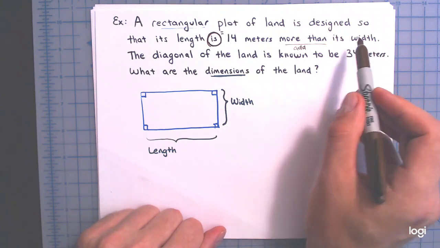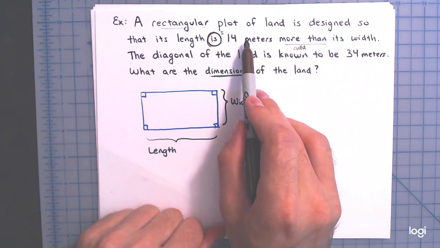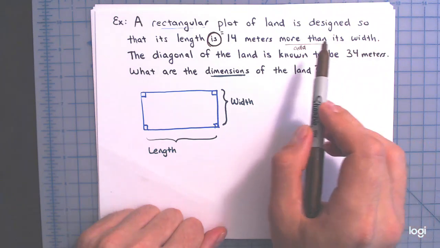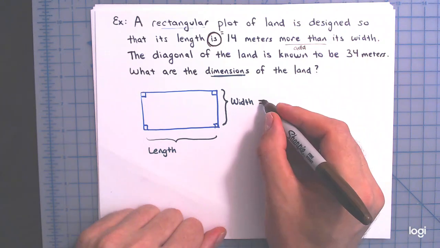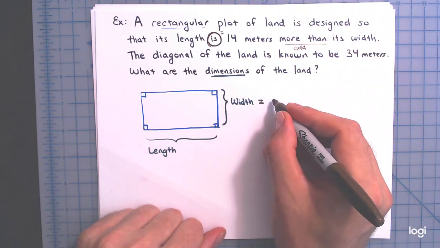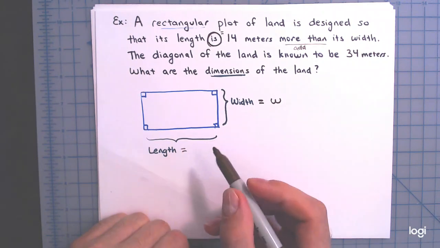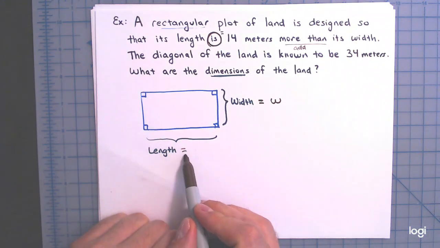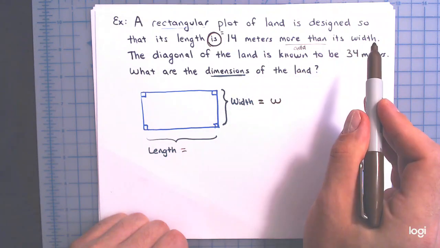Okay, see how length seems to depend on width? They're saying length is something to do with width, or you could also say that length is a function of width, depends on width. So I'm going to just call the width a single letter. I'm going to let the width be, say, W for width. You could call it X if you want, doesn't matter. And then the length, there's an equation right here. The length is, so the length equals 14 meters more than its width.